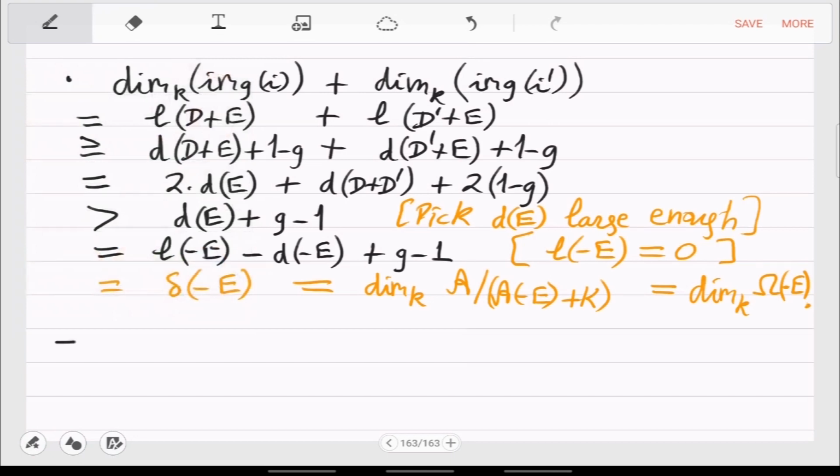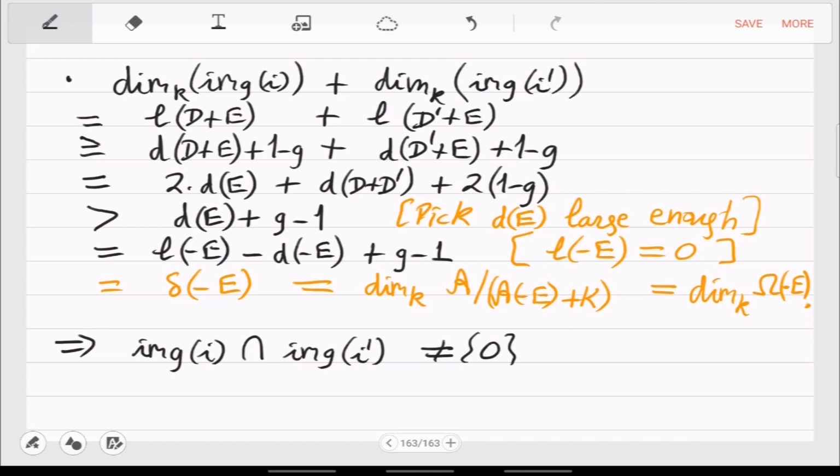Right. This actually means that the images overlap. It's not 0. They can't be disjoint. They cannot just have 0 in common. They have to have something more, because the sum of their dimensions is bigger than the range.